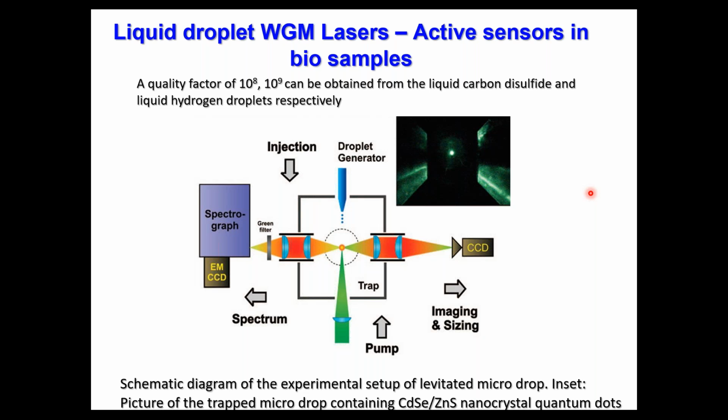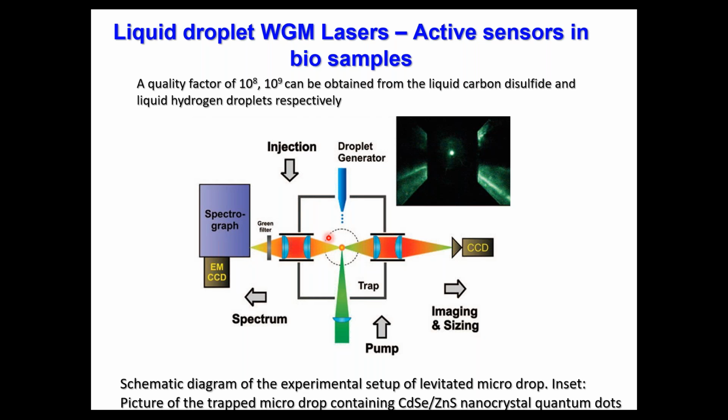So the quality factors of 10 raised to 8, 10 raised to 9 can be obtained from different liquid droplets. So this can act as active sensors for biosamples. The liquid droplets are generated, and in this particular experiment, it is levitated and kept stationary here, and it is shined using a light.